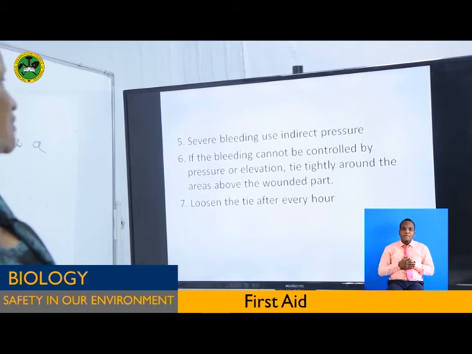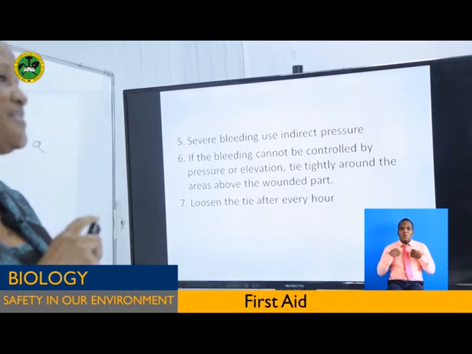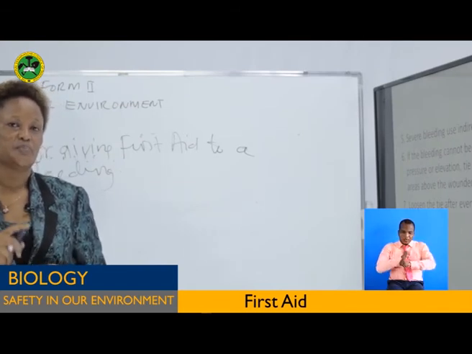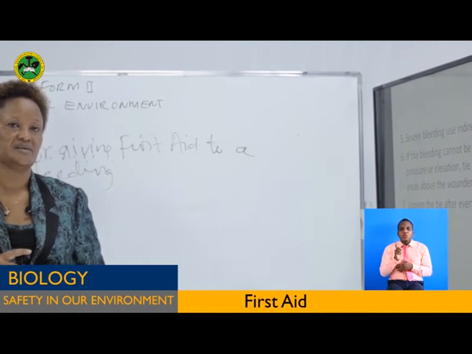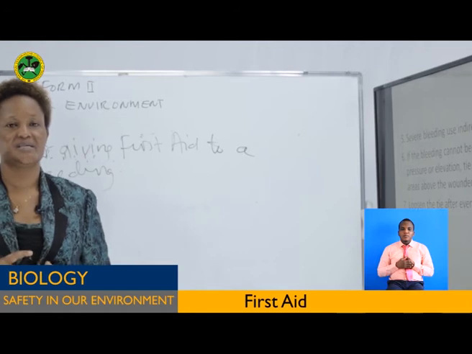If the bleeding cannot be controlled by pressure or elevation, now you have to use a wide piece of cloth. Cover the wound, the area just around the wound, to prevent blood from gushing out at speed. That is another procedure.